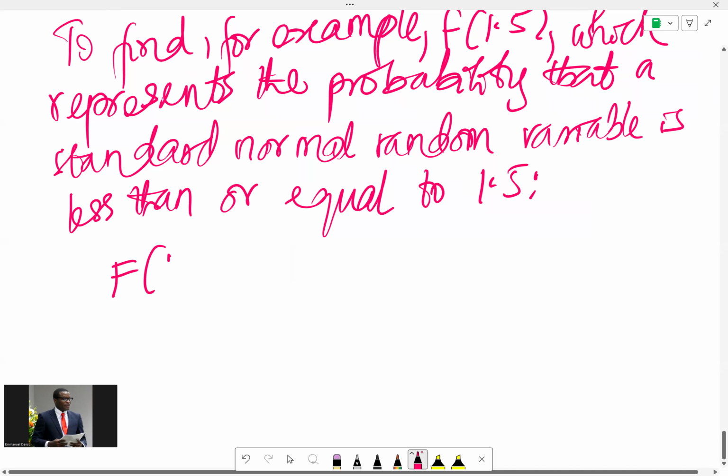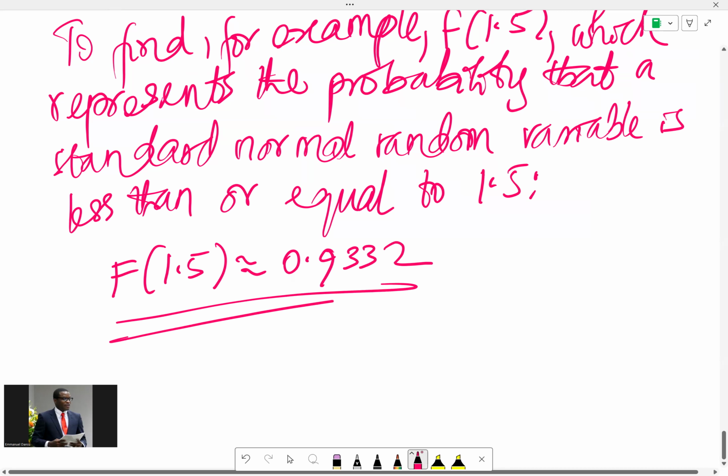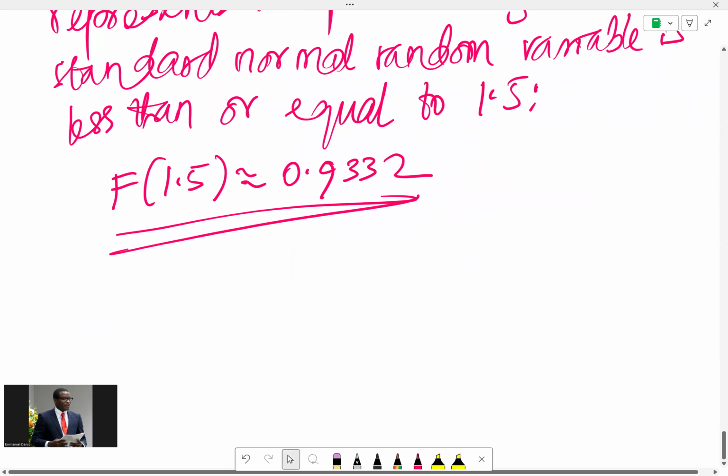So we have F of 1.5. You can use the normal distribution table to get this, and that is approximately 0.9332. Since it doesn't have a closed form, we can use the table.